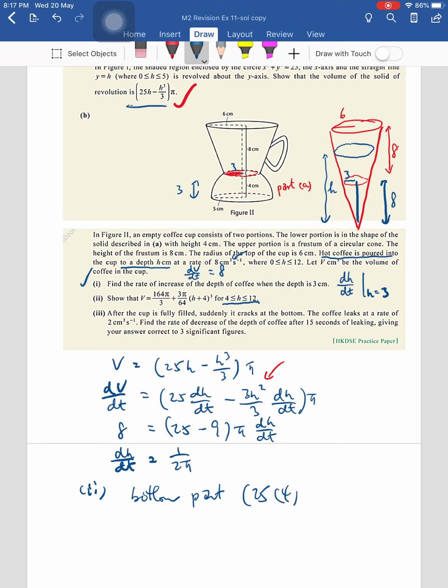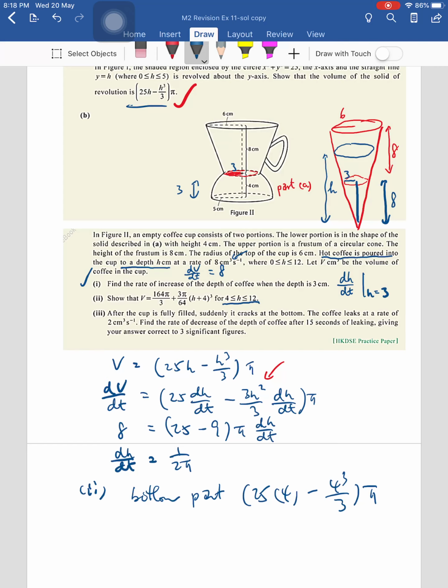I use this result, minus 4 cubed over 3, times pi. This is the bottom part. And then the upper part is a little bit complicated.